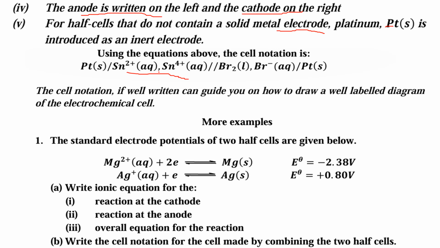So we introduce an inert electrode, which is platinum, and we put it on that half cell. Here also we didn't have any solid electrode, that's why we also placed platinum at the end. But if you had a solid component, platinum does not qualify to be positioned at such a position.